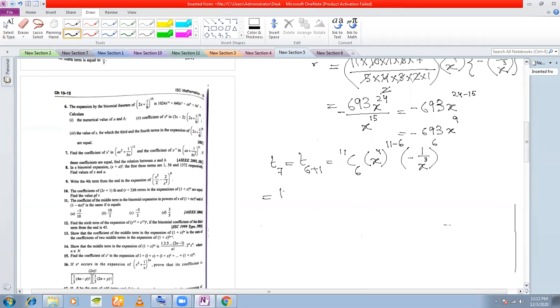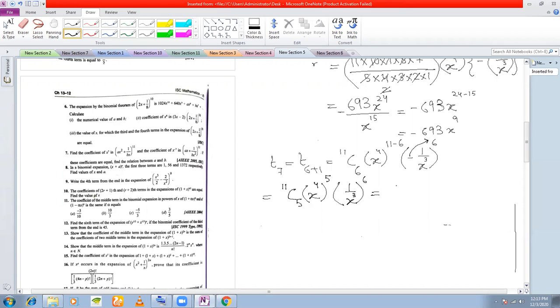Now 11C6 is the same as 11C5. So let us write this as 11C5. It will be easier to calculate. The lower the value of r in nCr, the easier it is to calculate. So 11C6 is the same as 11C(11 minus 6), which is 11C5. And this is x to the power of 4 to the power of 5 into, and again minus has been raised to an even power, so it becomes plus. So this simply becomes 1 by x cube to the power of 6.